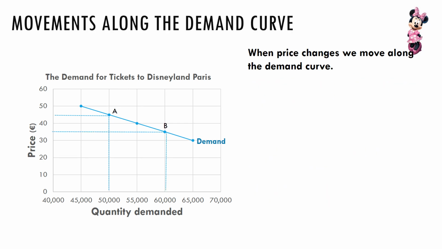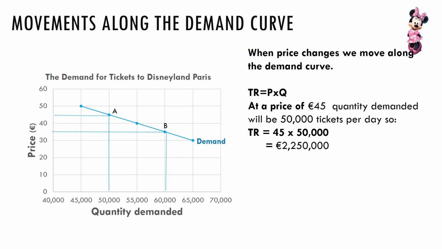Now, if the price was to fall, that would result in a movement along the demand curve from A to position B. So we've gone from 45 to 35 in terms of our price. At 45 euros, 50,000 tickets, 2.25 million euros.